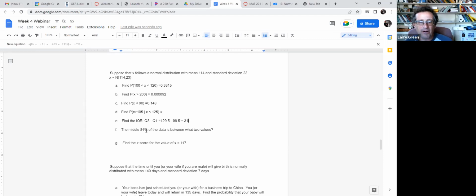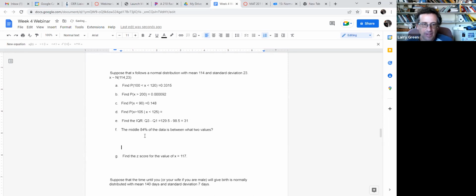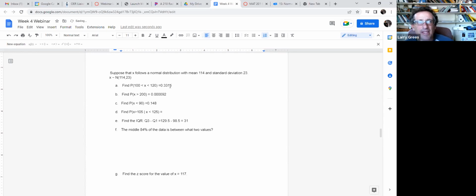Okay, let's look at part F. Part F is the middle 84% of the data is between what 2 values? That one's going to take a little bit of thinking and work. So I'm going to do what I did before.